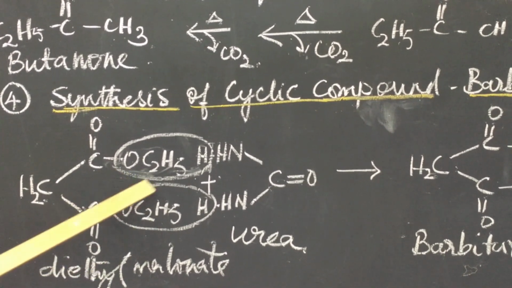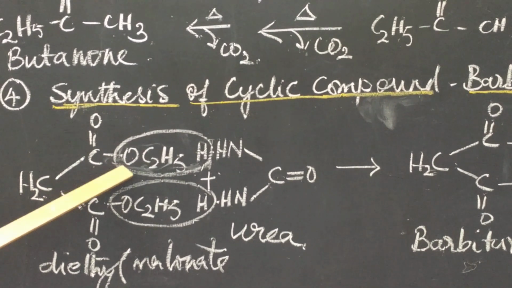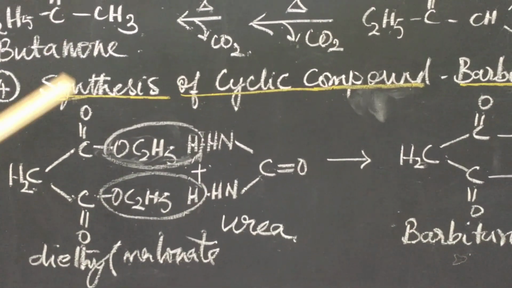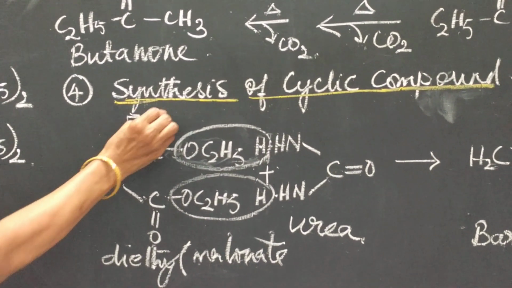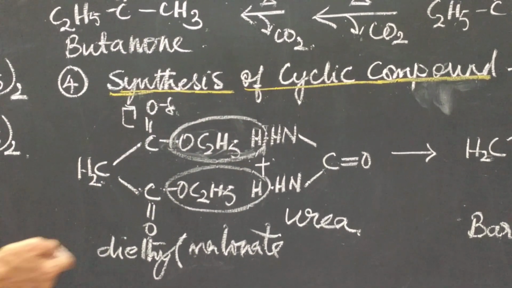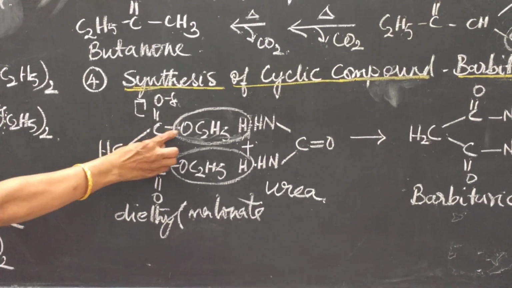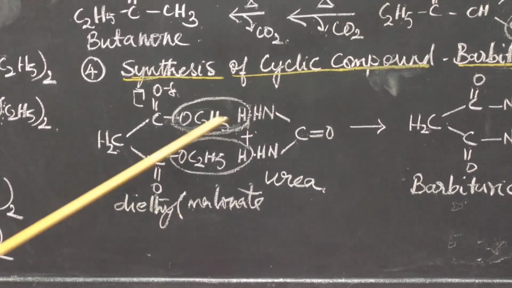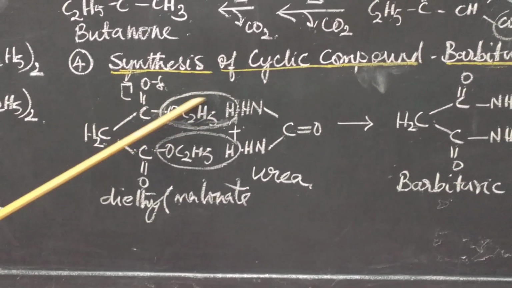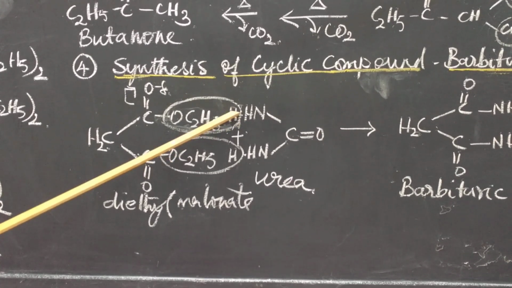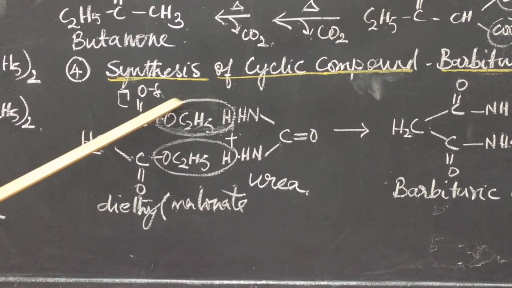When diethyl malonate interacts, why does this happen? Because there is polarization in the molecule. This is always minus delta. Therefore, there is a positive charge here. Oxygen is electronegative. Therefore, it will leave the molecule along with this pair of electrons and combine with a proton, eliminating ethanol.